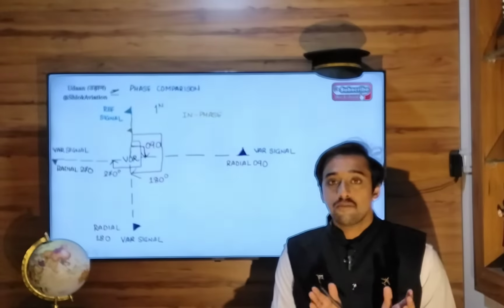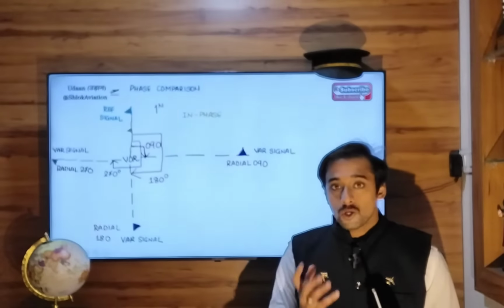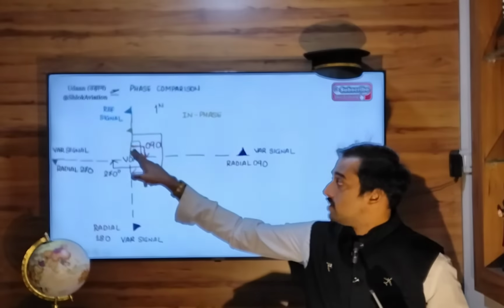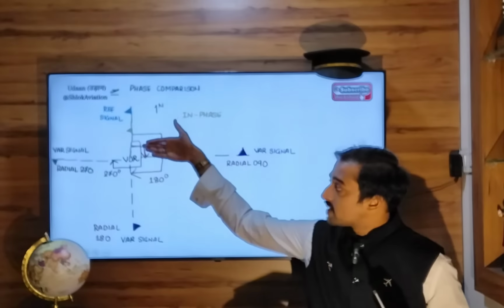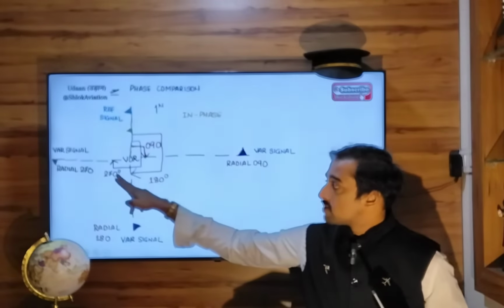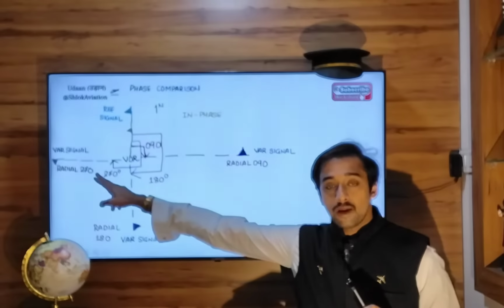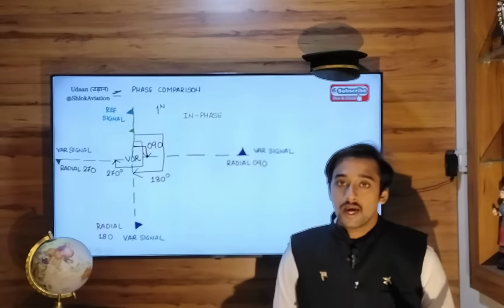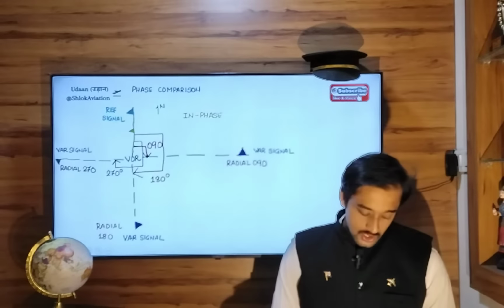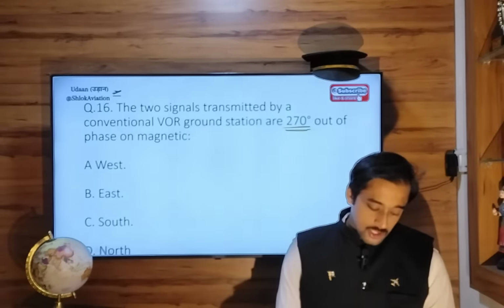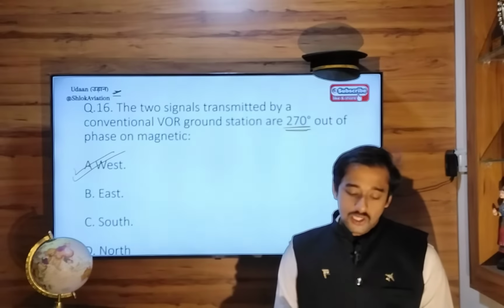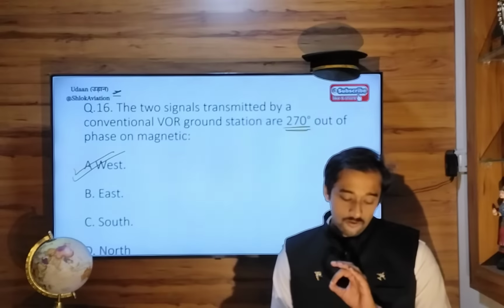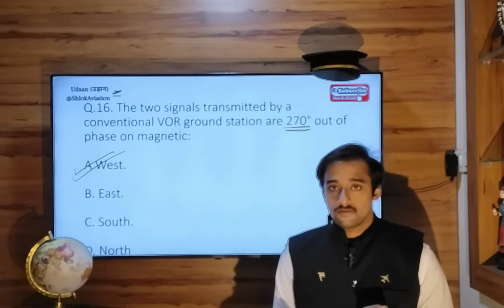They are separated by some angle, and they are out of phase by 270 degrees. So 270 degrees is this, and therefore that will be called radial 270. And radial 270 is what direction? Westerly direction. So the correct option will be option A. The two signals will be 270 degrees out of phase on magnetic west.